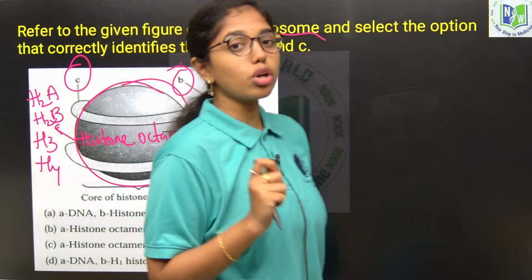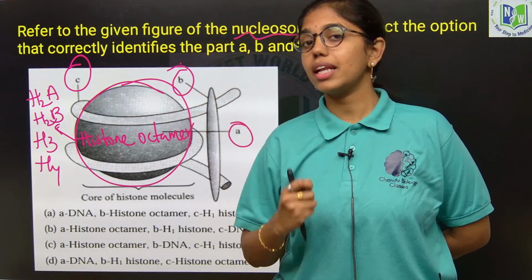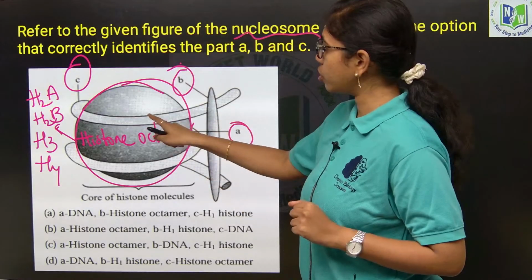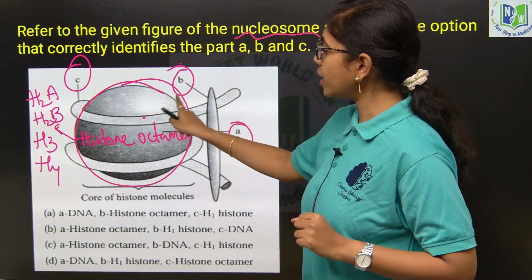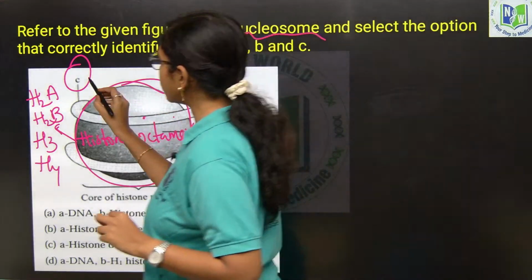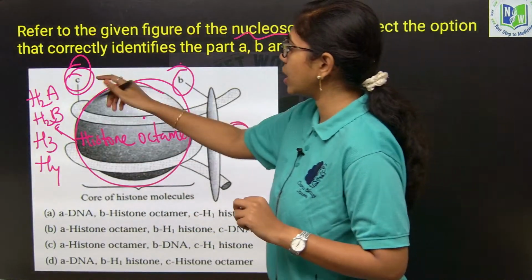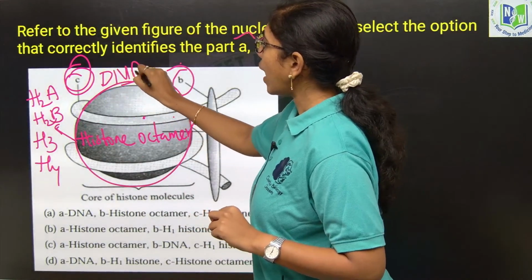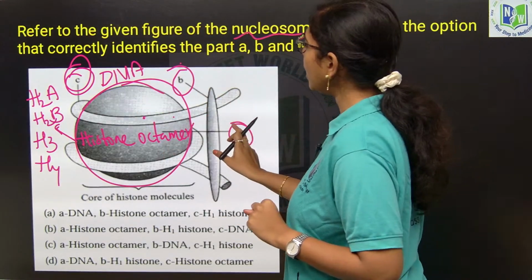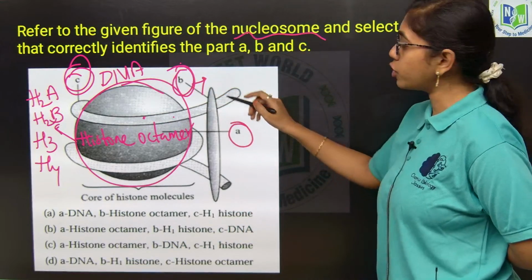To this positively charged histone octamer, the negatively charged DNA is wrapped around, and as such DNA packaging happens. So C is DNA, and the DNA connects 2 histone octamers through a linker protein, that is B, the histone H1 protein.